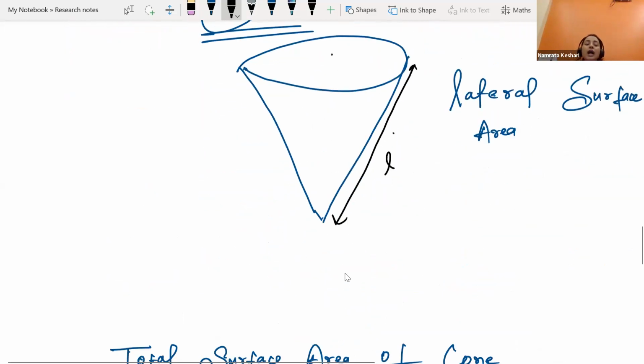Now think about it, how will we get the curved surface area, or the specific name, the lateral surface area of the cone? Suppose we have this cone.